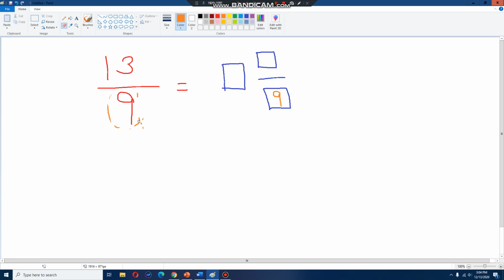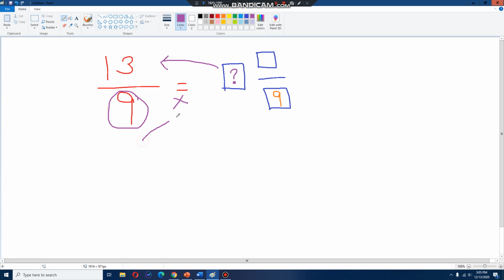Okay? So this is what you're going to have to do. Start with the 9. You take 9 multiplied by some number in the whole number box that is very close to 13.